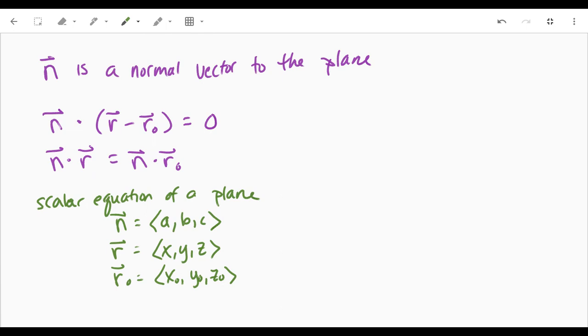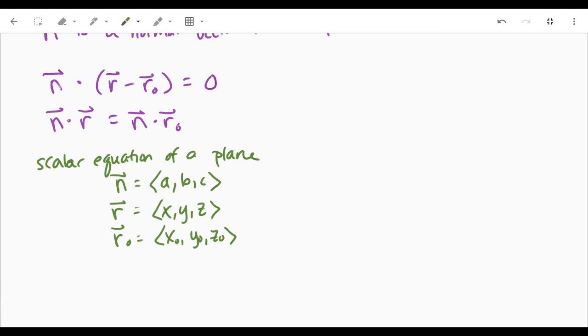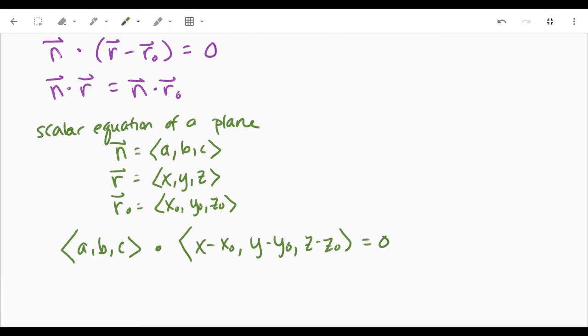When we perform that dot product, we would have a, b, c dotted with x minus x naught, y minus y naught, z minus z naught, and that would equal 0.